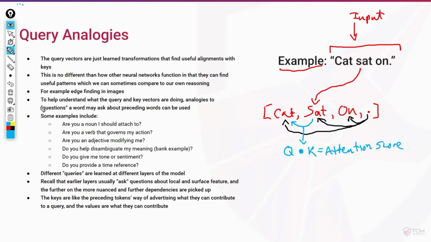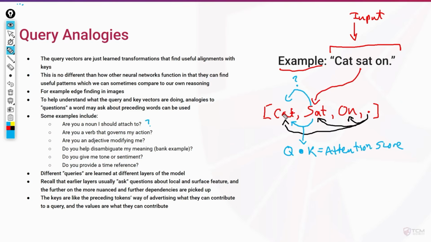To help understand what the query and key vectors are doing with how we think about language, we can think of the queries as questions that a word may ask about preceding words. One example could be, are you a noun that I should attach to? For example, sat might ask that question here. Sat may ask that to cat.